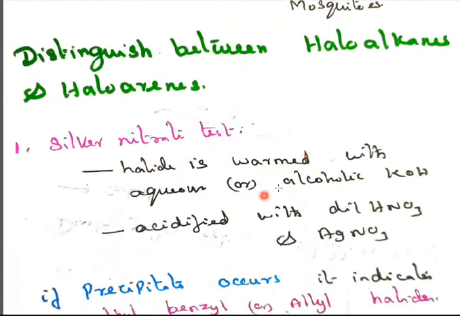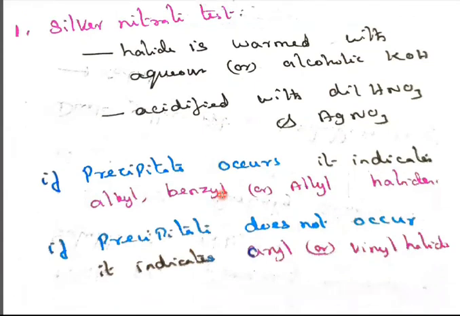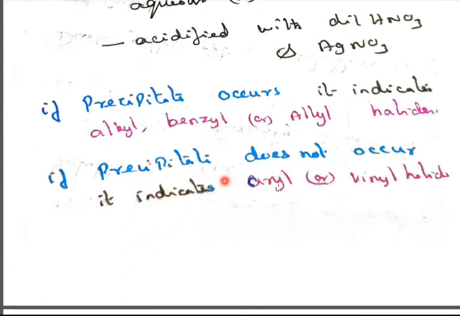The halide is warmed with aqueous or alcoholic KOH, acidified with dilute HNO3, and AgNO3 added, and a precipitate is obtained. Chlorine gives a white precipitate, bromine a pale yellow one, and iodine a deep yellow one. If no precipitate occurs, that indicates a vinyl halide. If a precipitate occurs, alkyl, benzyl or allyl groups are present with the halogens, but not aryl and vinyl groups.